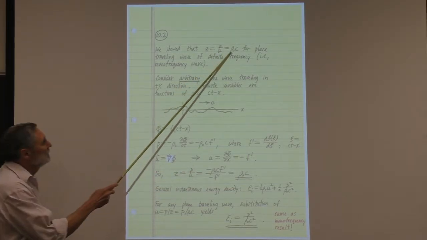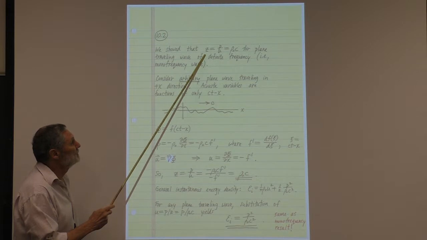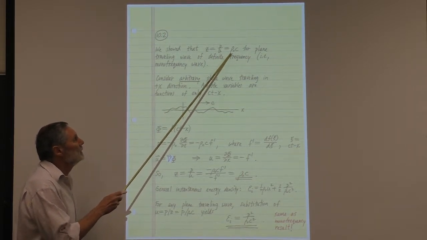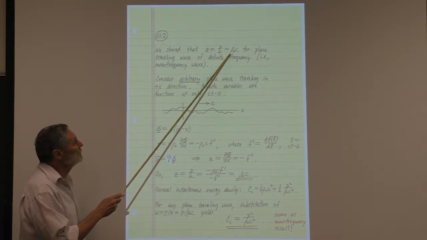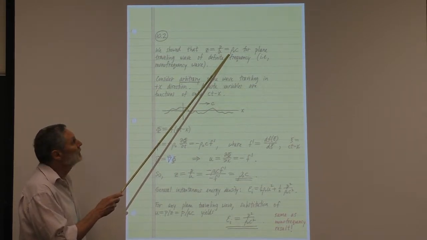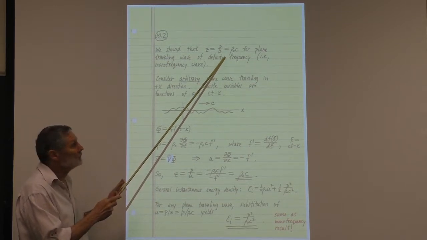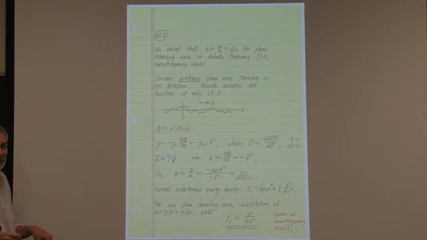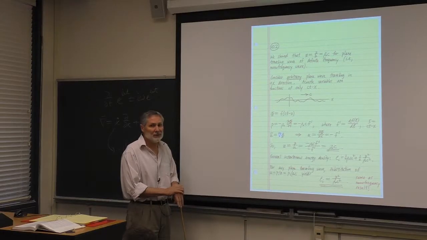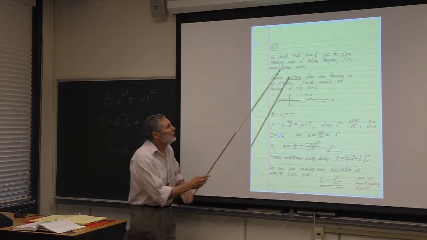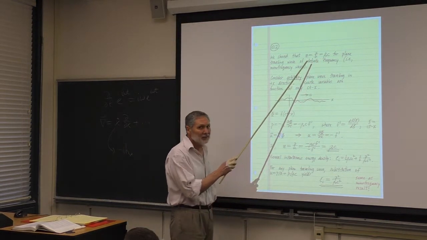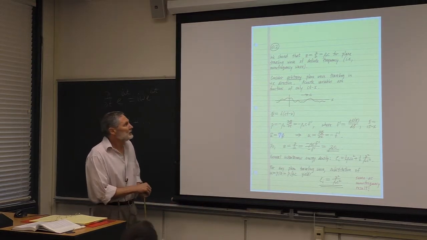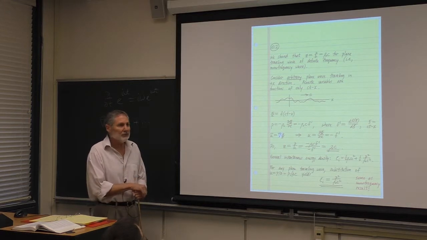If you go back and look at our derivation of the specific acoustic impedance, or wave impedance, of a plane traveling wave, going in one direction, that's what we mean by plane traveling, this well-known result that it's rho naught c, which is analogous to a string, where it's the linear density times the speed, we assumed a monofrequency wave. So it's more general than that, as I mentioned to you in that previous problem. And now we're going to prove it.